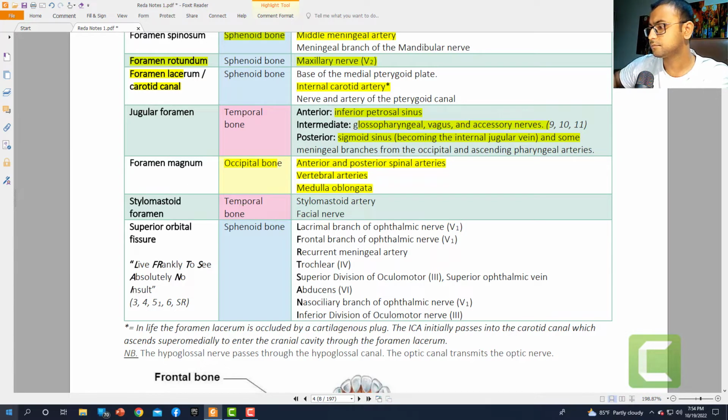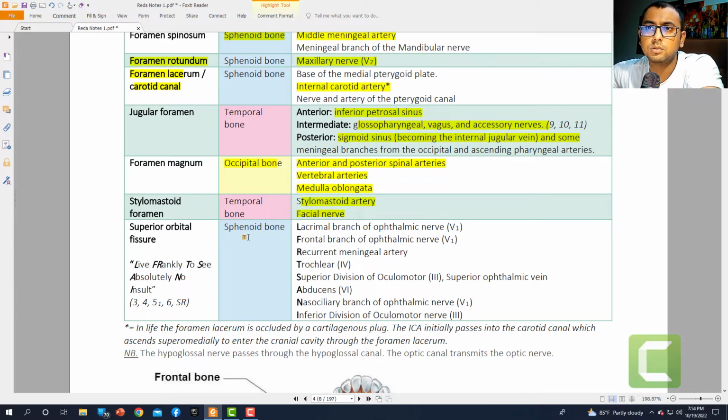It carries the stylomastoid artery and the facial nerve. You have to remember where the facial nerve comes from: a single trunk comes through the stylomastoid foramen, and then it divides into 5 different branches, giving motor supply to the facial region.